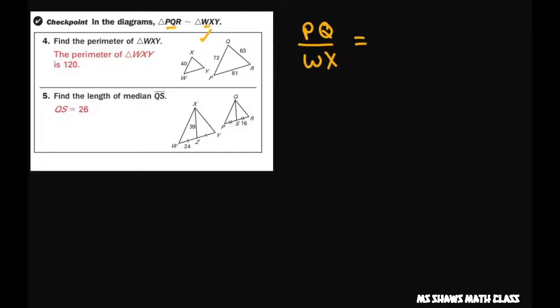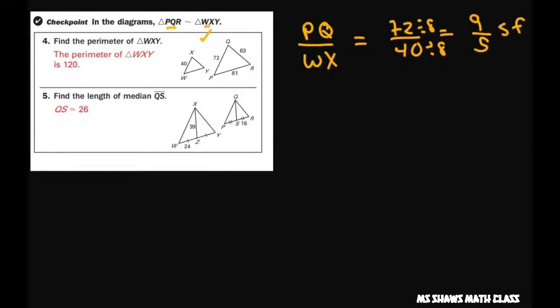So that's going to give you PQ is 72 to 40. And when you reduce that, 72 divided by 40 is 9 to 5. Basically, you're just dividing each of these pieces by 8. So divide by 8, divide by 8. So that's your scale factor.